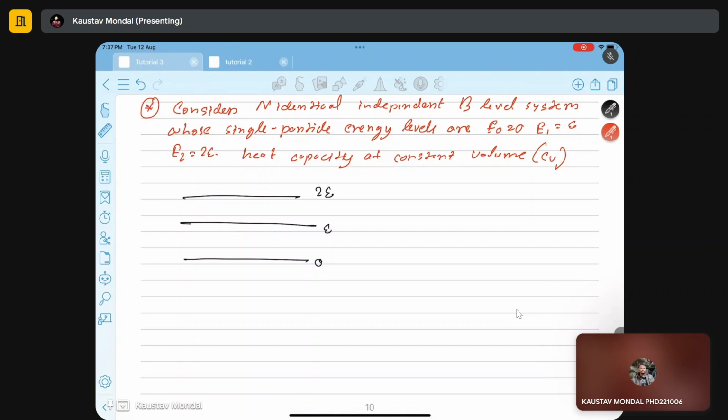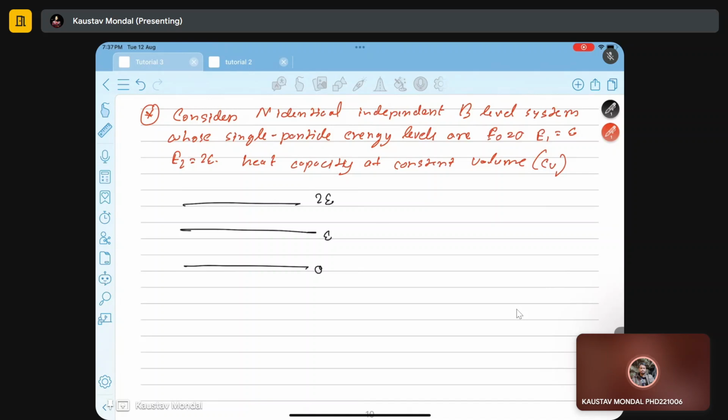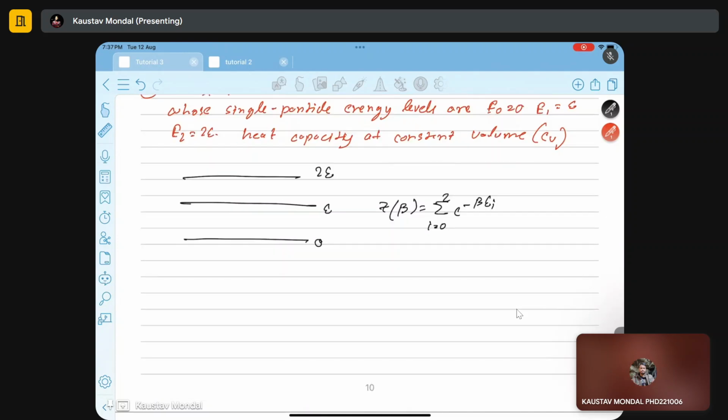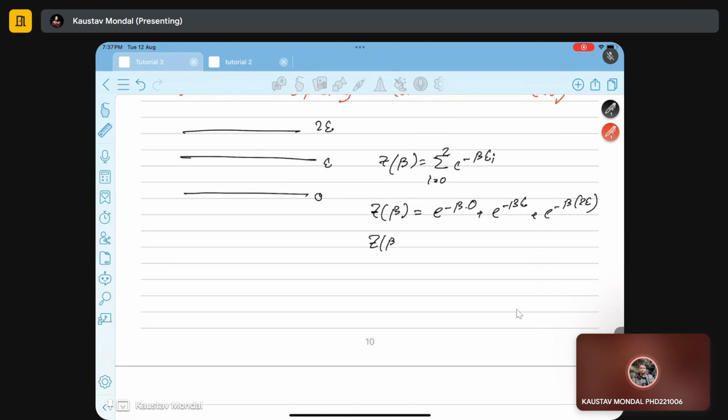So first we have to calculate the partition function of the system, which is written as Z(beta) = summation over i from 0 to 2 of e to the power minus beta E_i. So Z(beta) would be e to the power beta into 0 plus e to the power minus beta epsilon plus e to the power minus 2 beta epsilon.